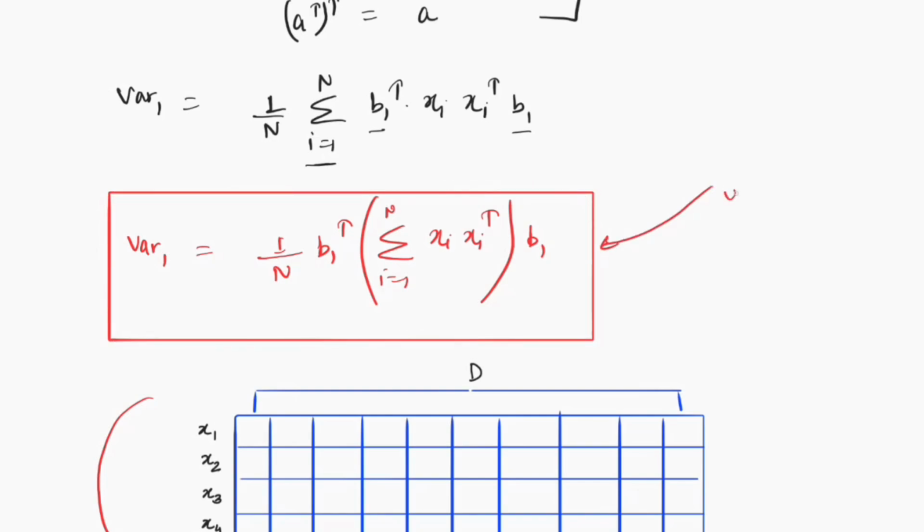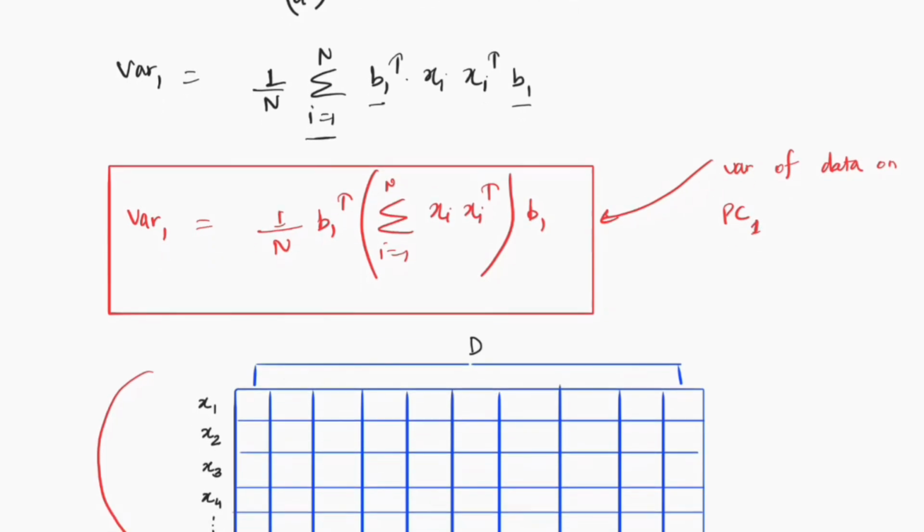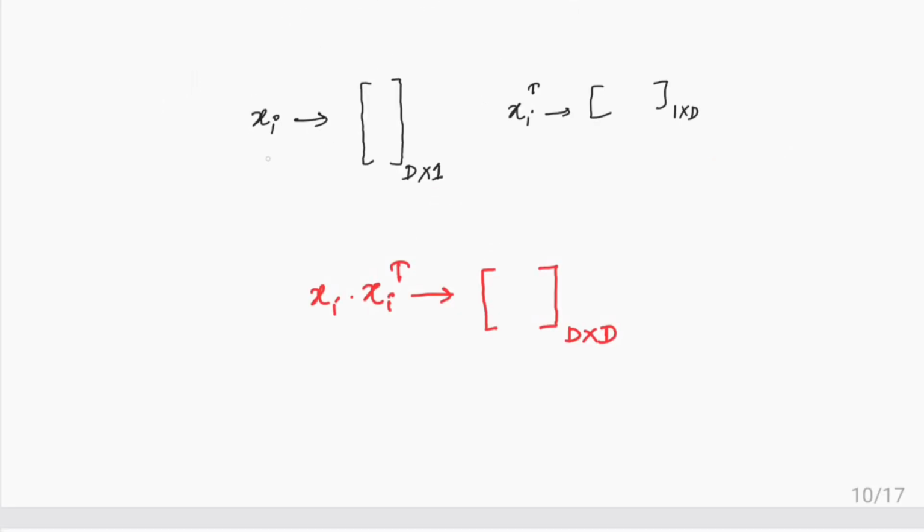So this is the variance of data on PC1. Now we will try to maximize it. What we know is xi is a column vector, because xi is the original data point, with the number of rows as d.